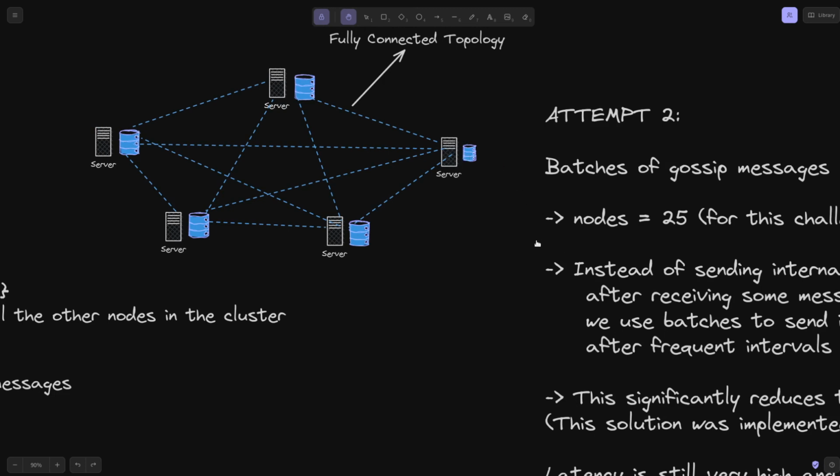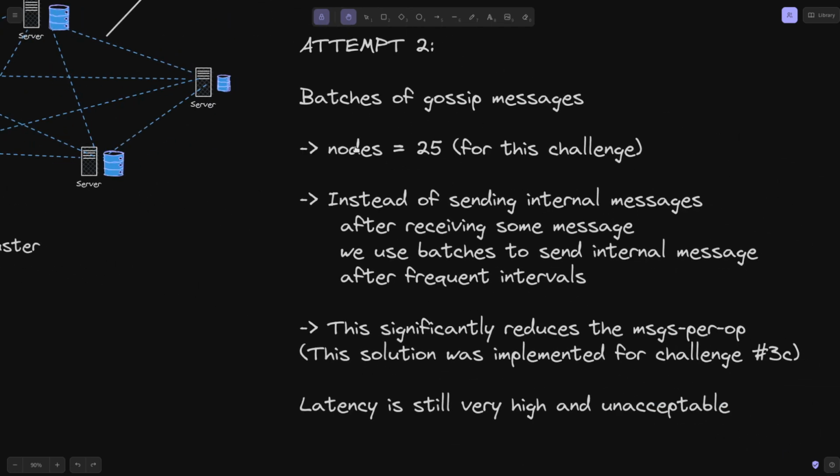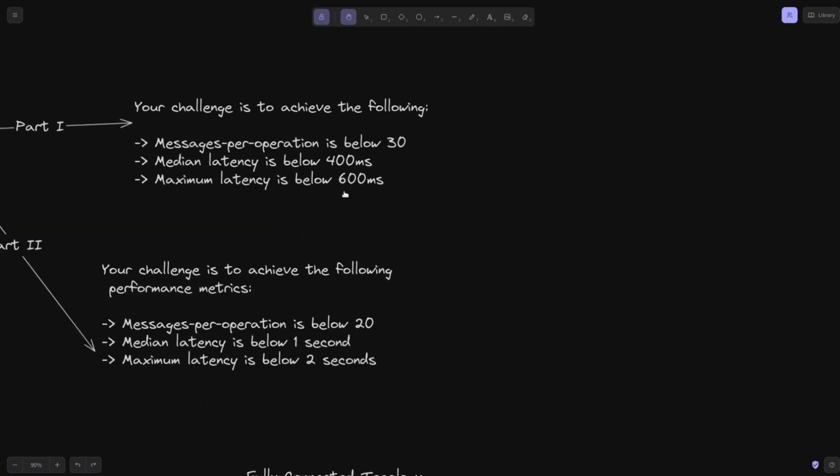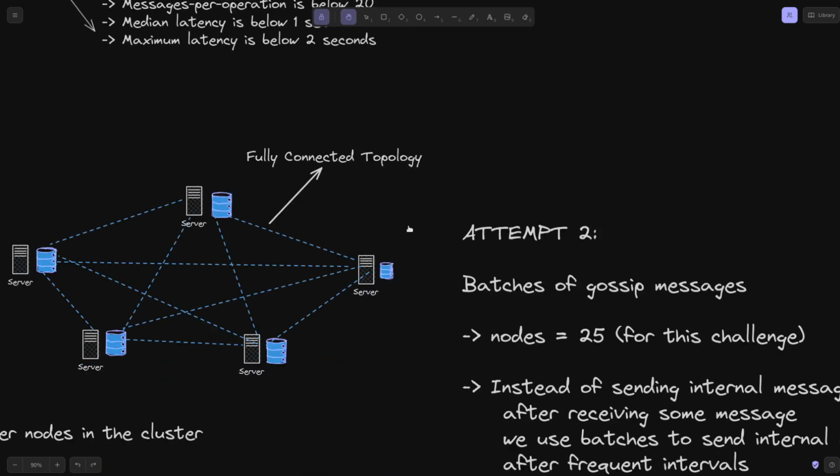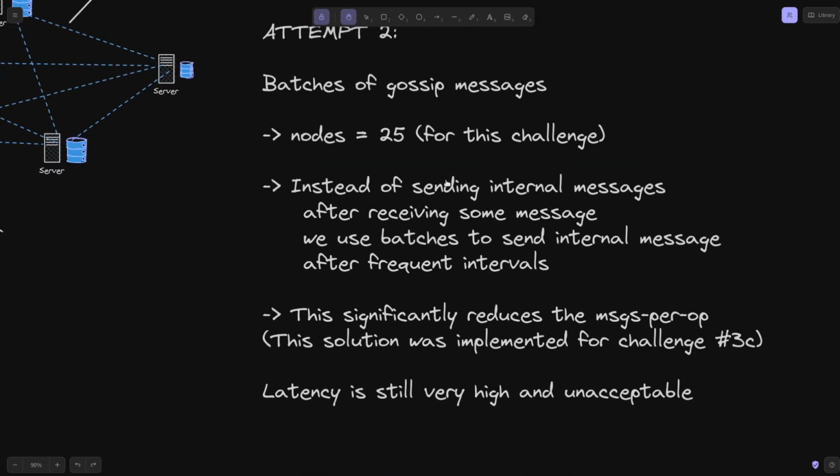In the next batch again it is going to wait 500 milliseconds so that the value is transferred to some other node, and maybe this node has a network partition between them, so the latency will increase, or it is not possible to achieve below 400 millisecond latency in that case, depending on the interval limit that you choose.